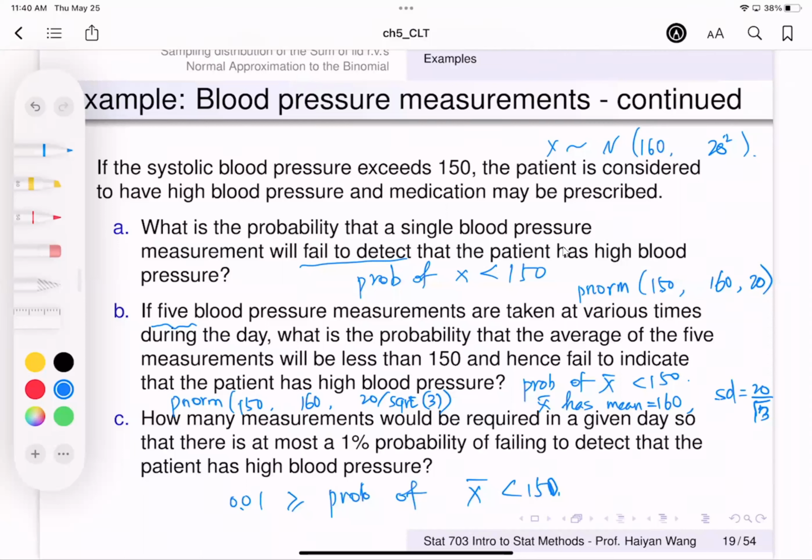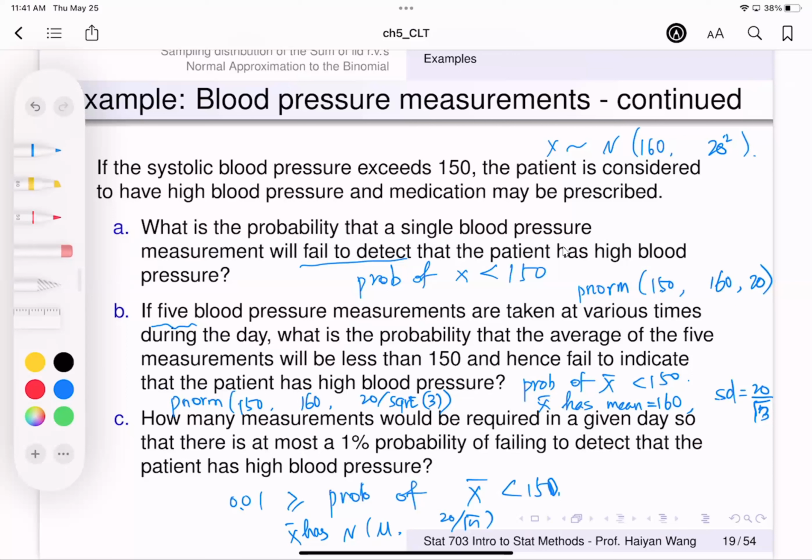If we knew the distribution of X bar, we would use pnorm to compute, but here we do not know the distribution fully. Even though we know it's a normal distribution, because we don't have the N here, we do not know the standard deviation. Therefore, X bar has a normal distribution with mean mu and standard deviation equal to 20 over square root of N.